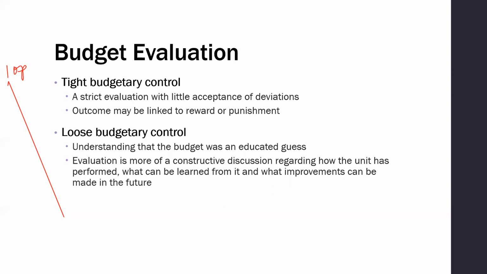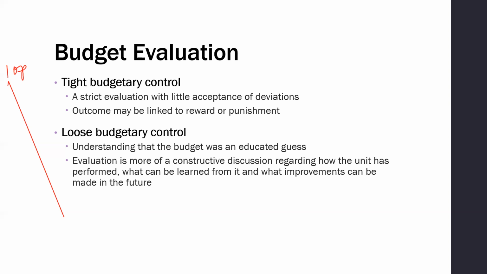Right? And those deviations are still underperformance. So the budget becomes a Bible for implementation. No? And the outcome, whether you are within or outside the budget, no, is linked towards reward or punishment within the organization. Linked to bonuses, linked to promotion, etc. Okay, so that's a tight budgetary control.